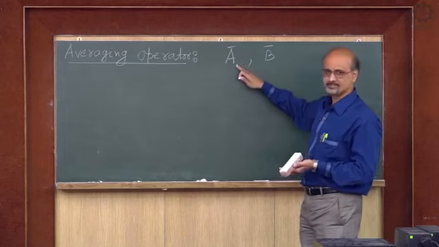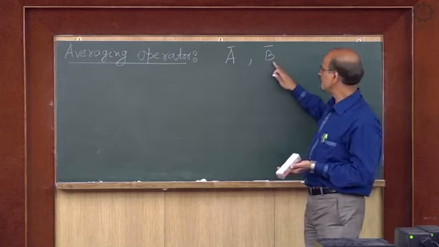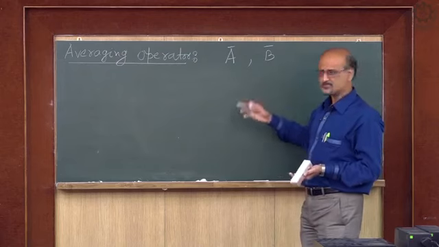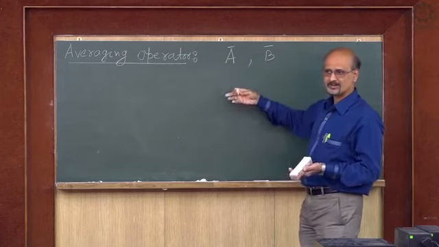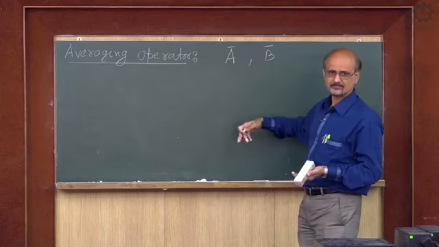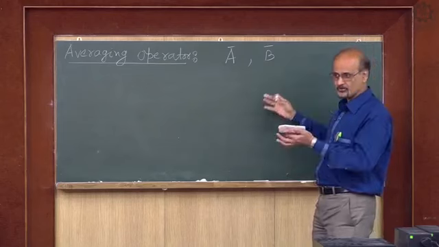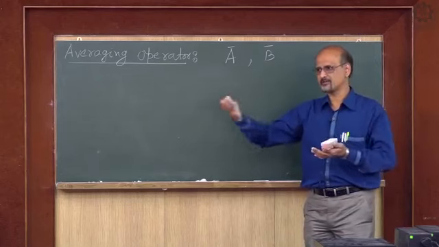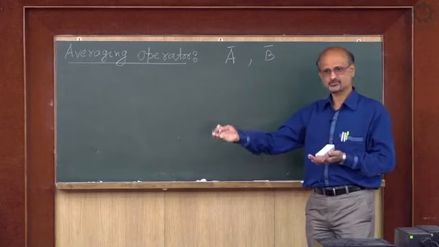Suppose A bar is temperature, B bar is wind. You want to aggregate, but you do not have digital data. You have A bar as a fuzzy set given, and B bar as a fuzzy set given. Now you want to aggregate that and conclude something using your temperature and wind. Understood? So, how to do that?